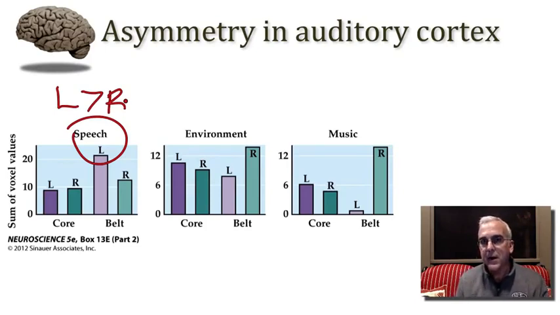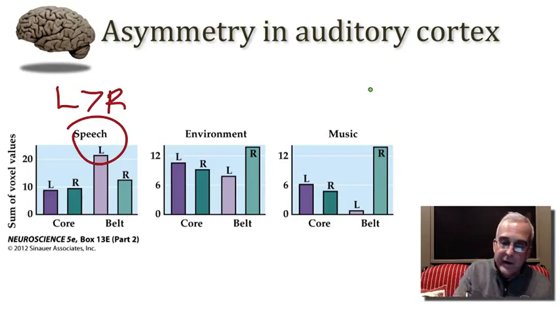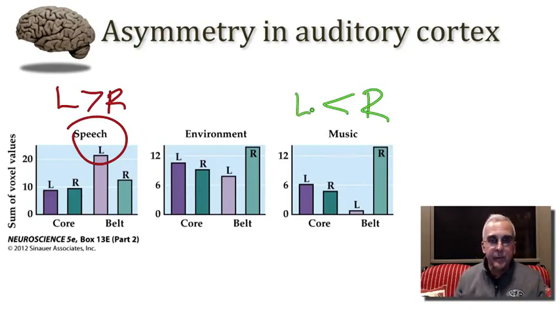Now, music appears to be quite special and perhaps quite different. When we listen to music, what we find is the opposite asymmetry, with right hemispheric activation being significantly greater than left hemispheric activation. In fact, the asymmetry when we listen to music is even greater than the asymmetry that's detected when we listen to human speech, but it's in the opposite direction.